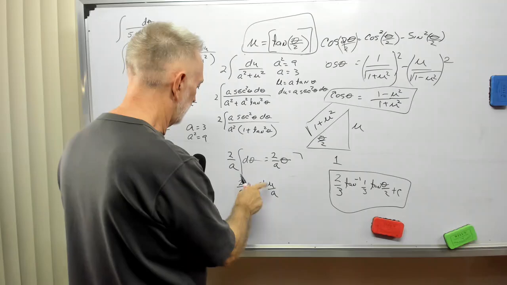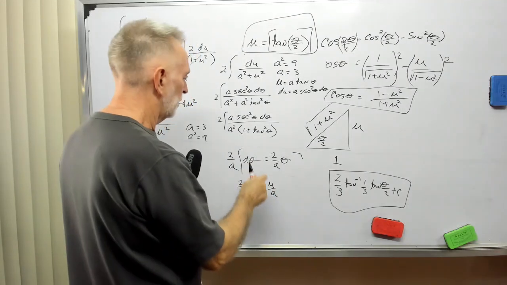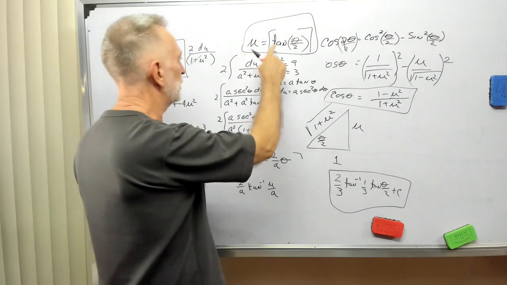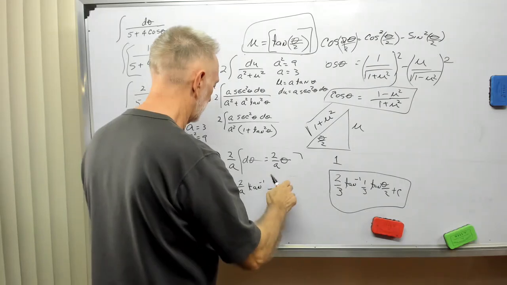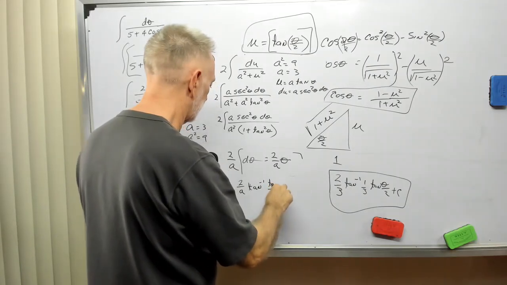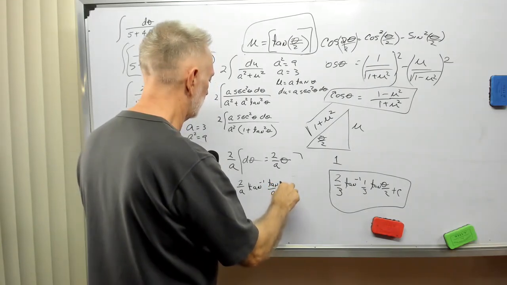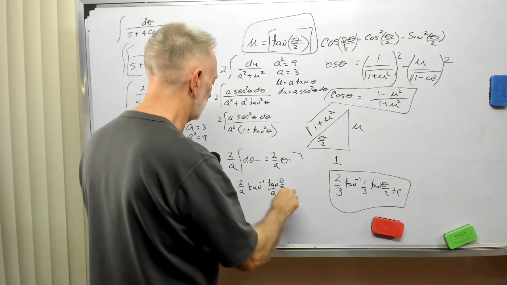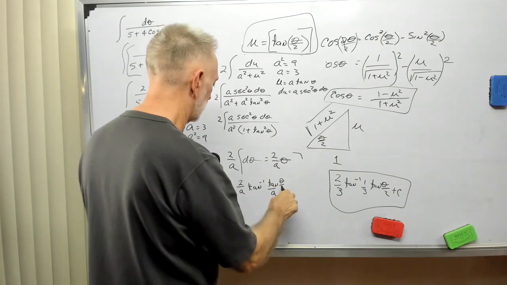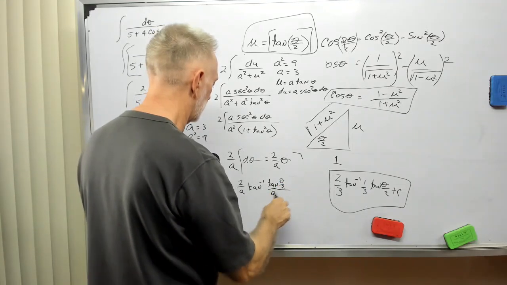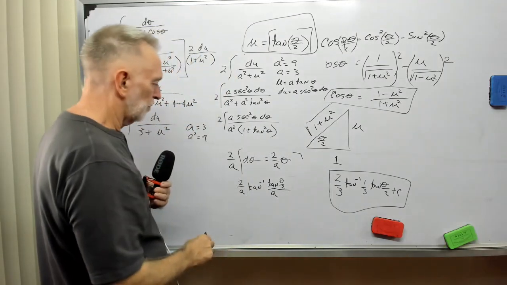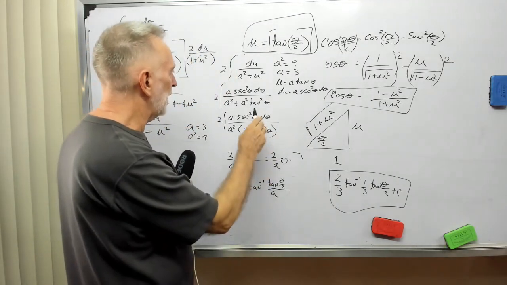is theta. Okay, well, what was u originally? U was tangent of theta over 2. So, what will that go back to?